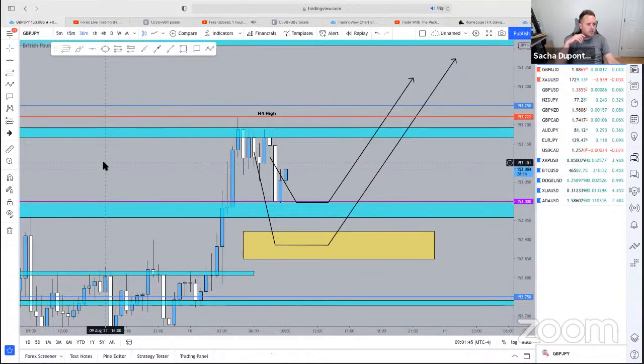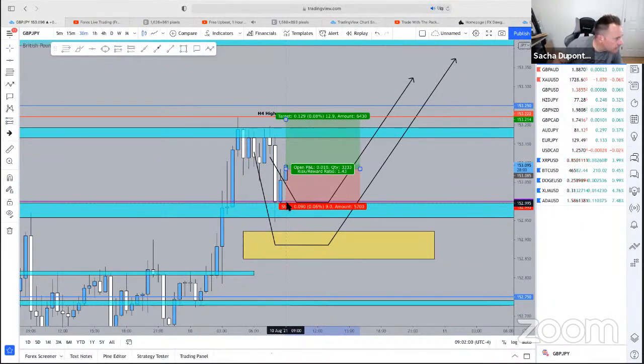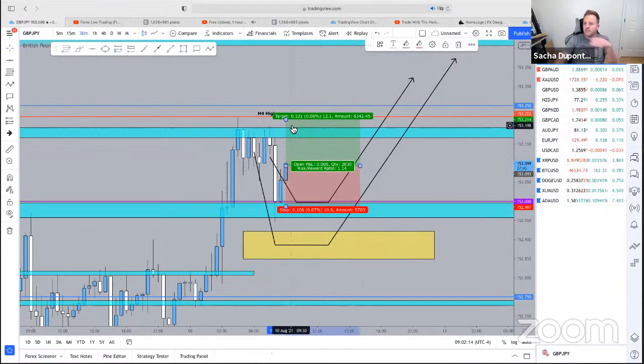All right, so this is where I took my first entry. Let me put this here. So put the stop right under here. Stop is at 987, 987 right here. And my entry is at 093, 093 right here.